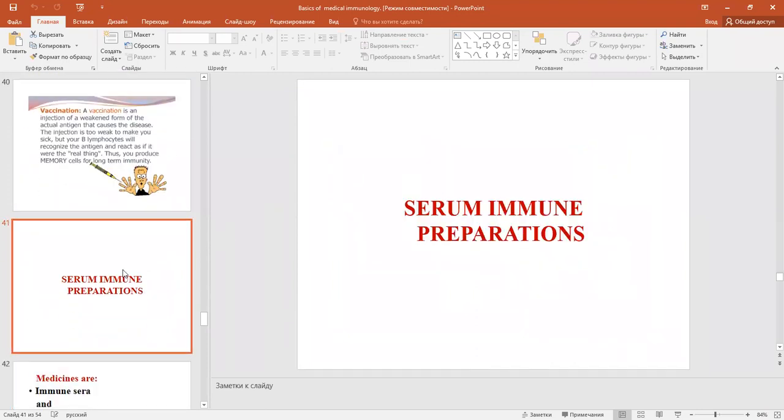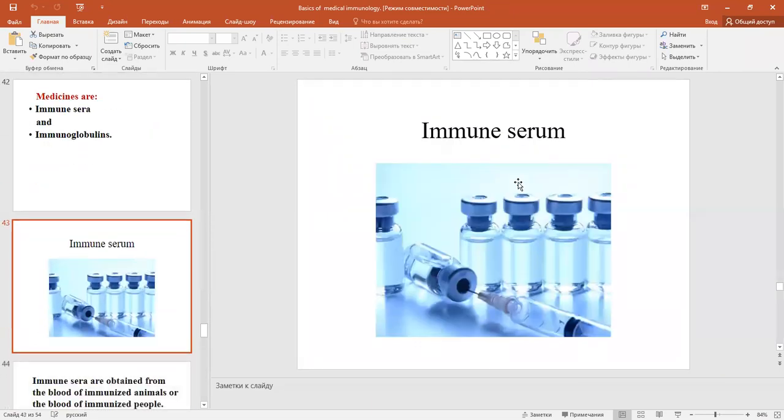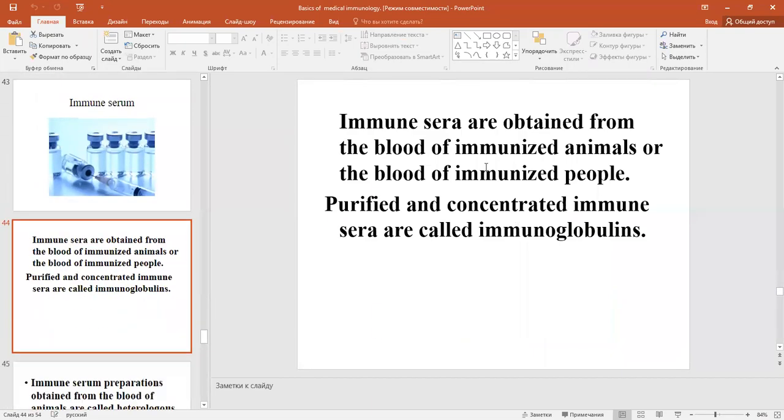So serum immune preparations. Serum immune preparations are named immune sera and immunoglobulins. Immune sera are obtained from the blood of immunized animals or the blood of immunized people. Purified and concentrated immune sera are called immunoglobulins.